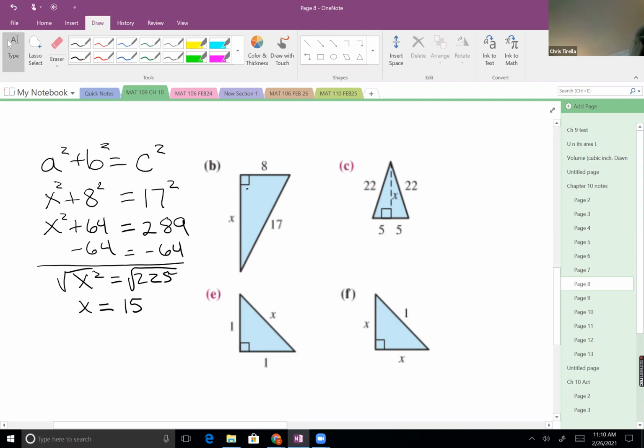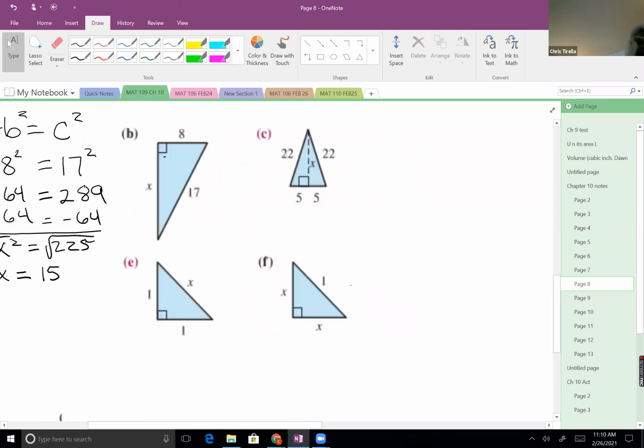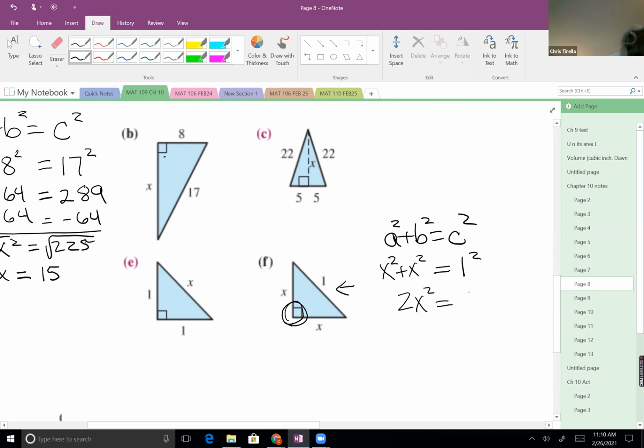Now, next, let's look at F. F is a right triangle, so I can use a squared plus b squared equals c squared. C is 1. A and B are both x. So x squared plus x squared gives me 2x squared equals 1 squared is 1.